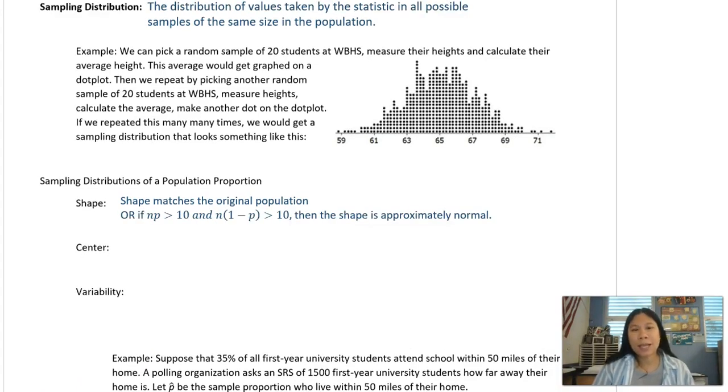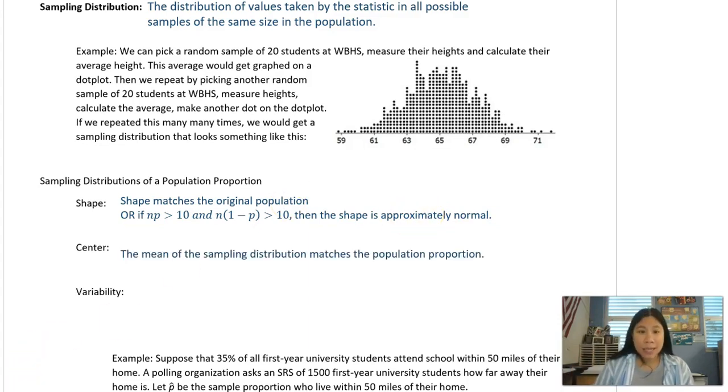If n times p, with n standing for the sample size and p standing for the population proportion, is greater than 10, and n times 1 minus p is also greater than 10, if both of these things apply, then the shape is approximately normal, even if the original shape of the population was not normal to begin with. So remember, normal is what we like because we want that bell-shaped curve.